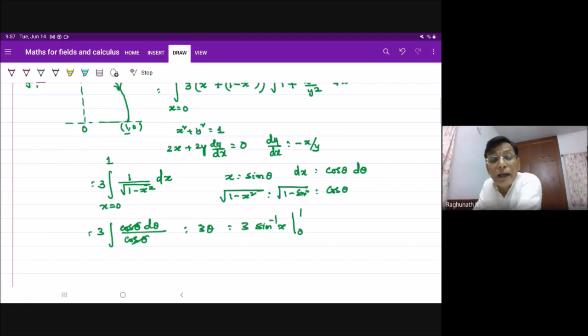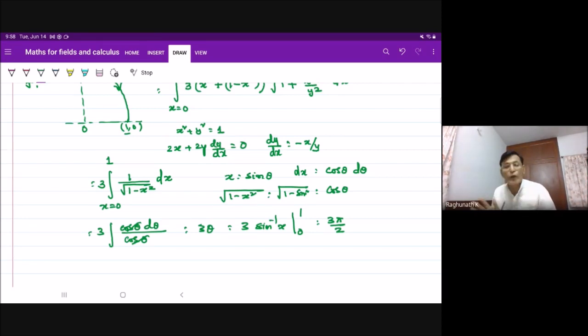Or you can as well create the limits from 0 to pi by 2, you have to put. Now 3 sin inverse of x. What is this now? Correct only? Integral d theta. Sin inverse of x is? Sin inverse of 1 is pi by 2. So 3 pi by 2.